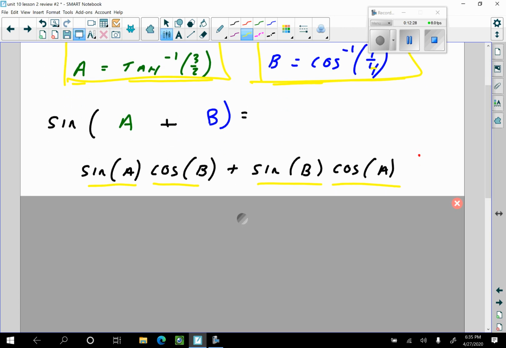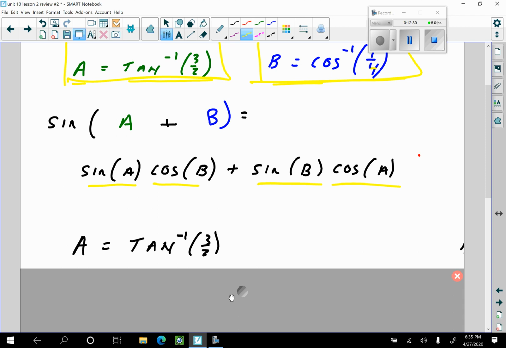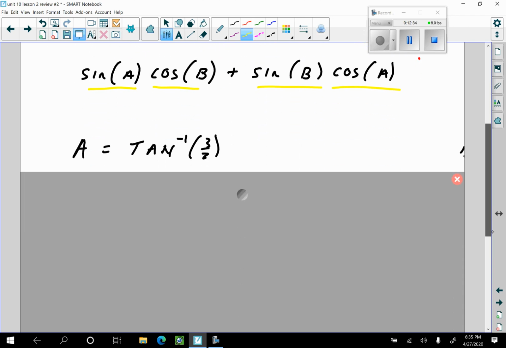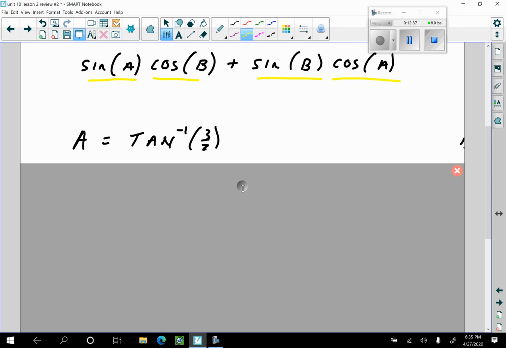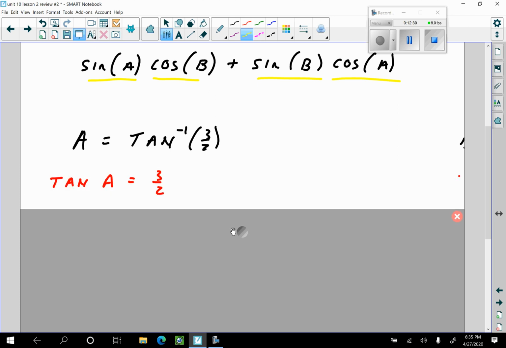If we know that A is inverse tangent of 3/2 and that A is an angle, what do you know? You know that the tangent of A is 3/2. And what am I going to do? I'm going to create a nice little right triangle, knowing this fact right here, that the tangent of A is 3/2, and the tangent, by the geometric definition of trigonometric ratios, is the opposite over adjacent.